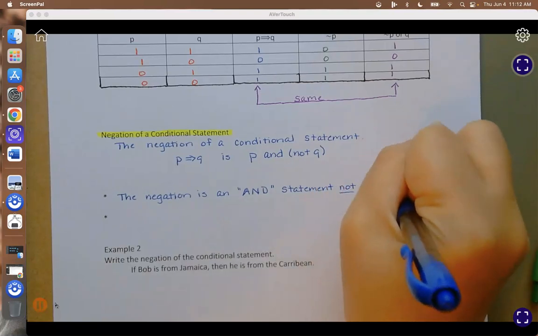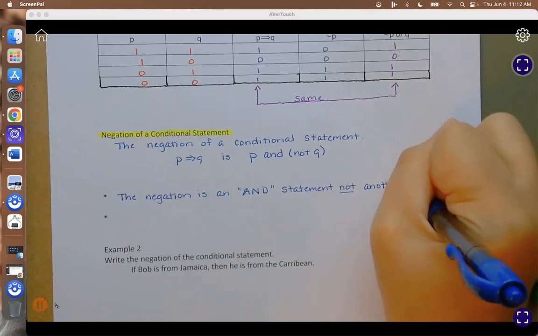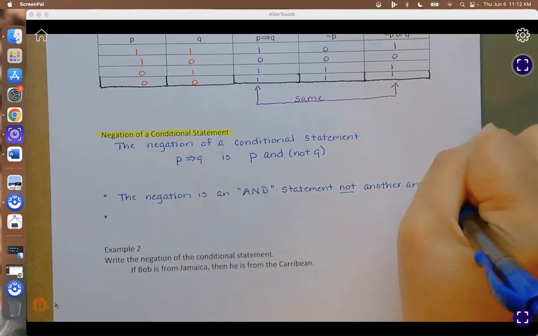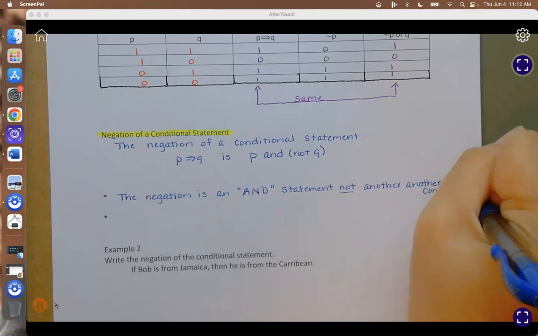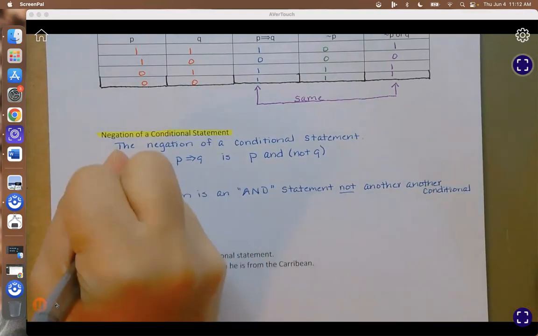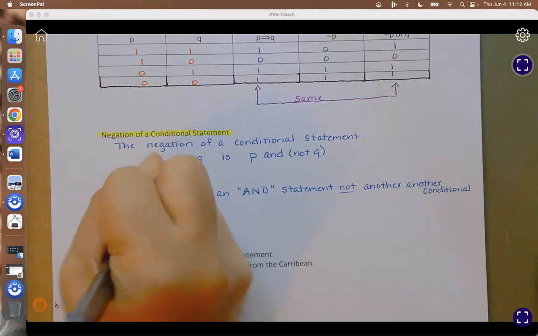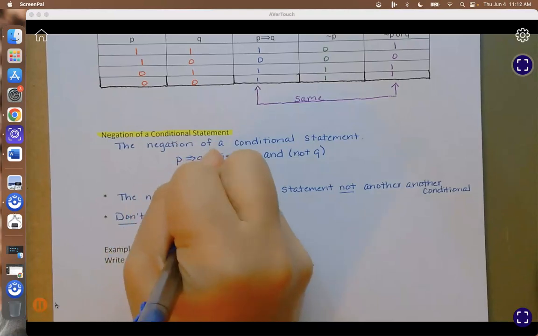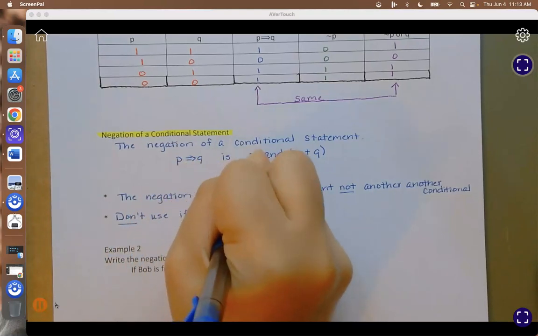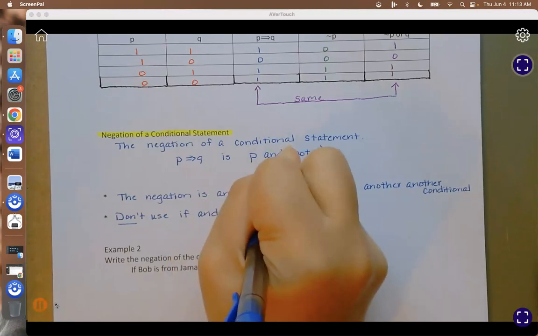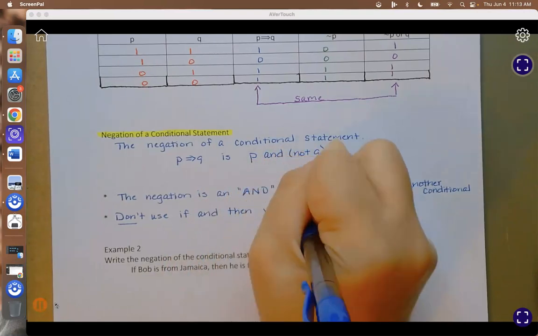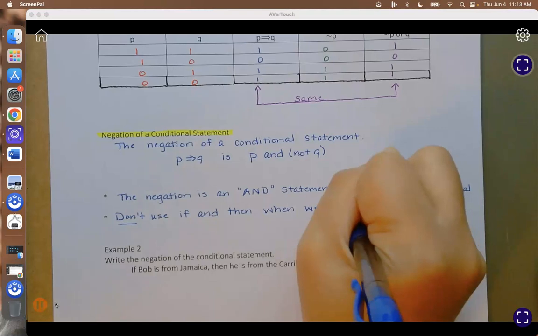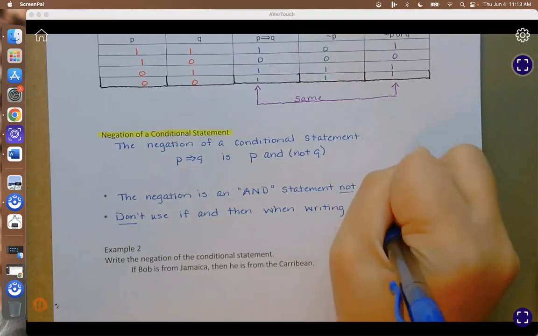So it stops being an if-then statement. Don't use if and then when writing the negation.